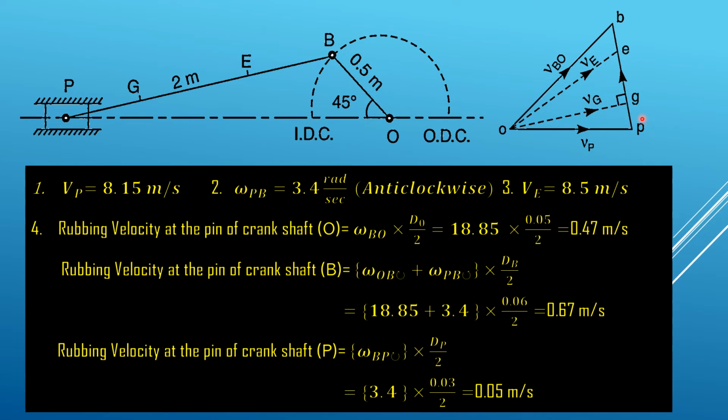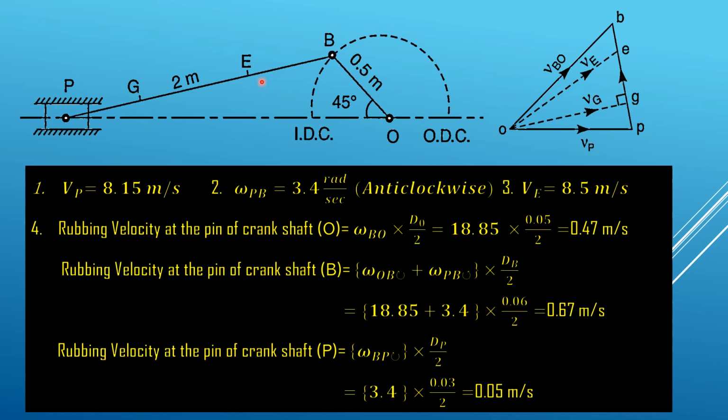If we are finding the velocity of this P point with respect to point B, we draw a vector starting from point B up to point P, meaning from B to P, that is in the downward direction. So they have the same magnitude but different directions.